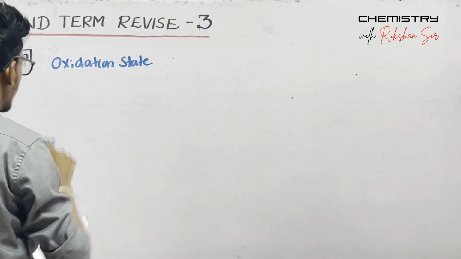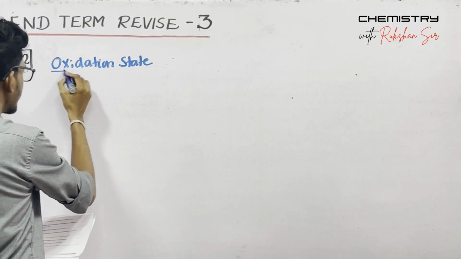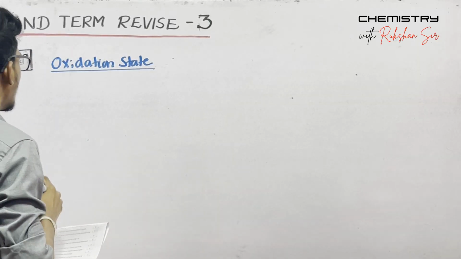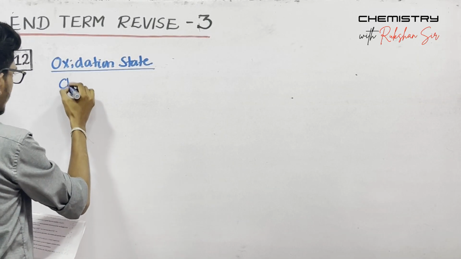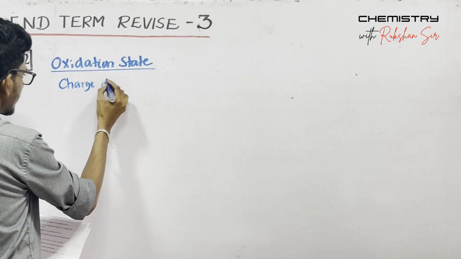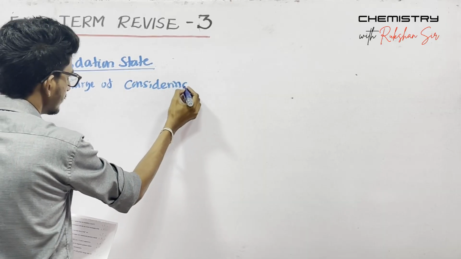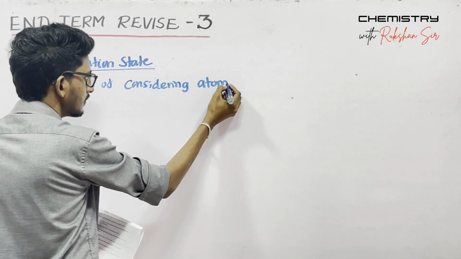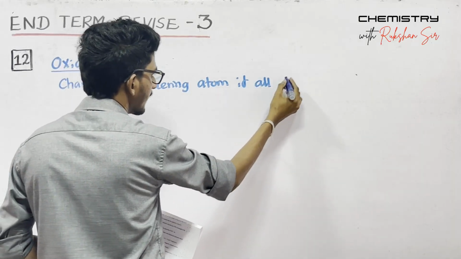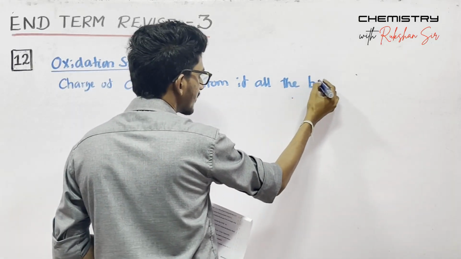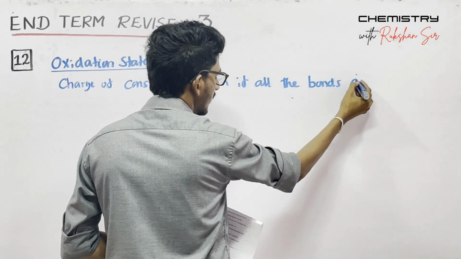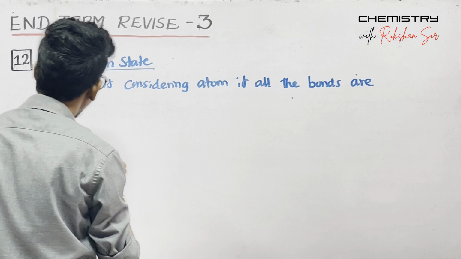That is the charge of the considering atom if all the bonds are considered to be ionic.